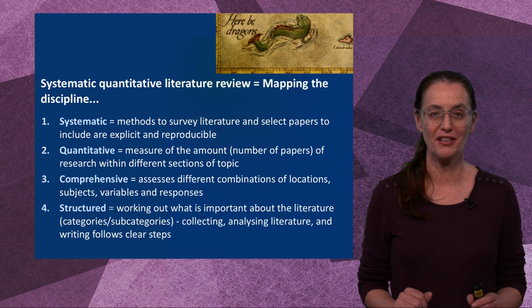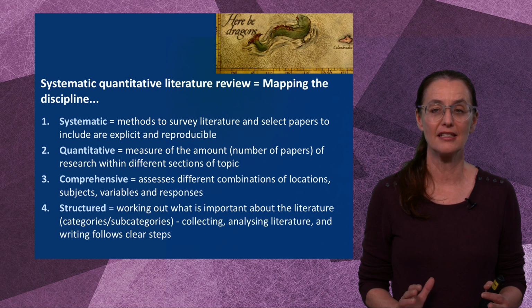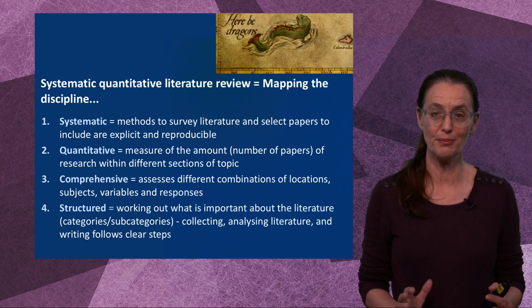So just a quick reminder about what is the systematic quantitative lit review. This is a method for analysing the literature that is systematic in terms of the method used to survey the literature, to select the literature that's used, usually papers, and the rules for doing so are explicit and reproducible. It's quantitative in that you're going to measure the amount of the literature, usually the number of papers, within different sections of the topic.